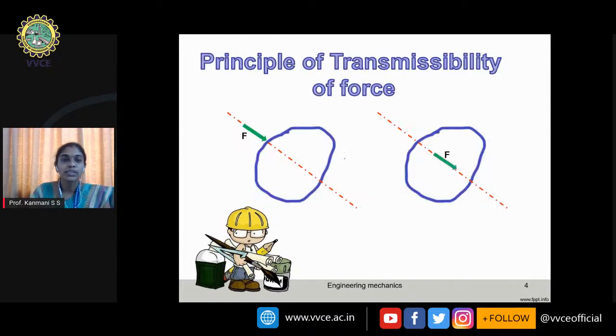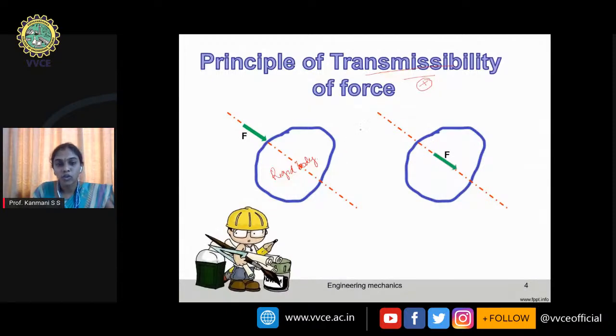Moving on to the principles, I'm going to talk about the 4 basic principles of the forces that are applied on a rigid body. See, when we have the transmissibility of force, that is, when we have a force acting on a rigid body, for a deformable body this transmissibility of force will not hold good.